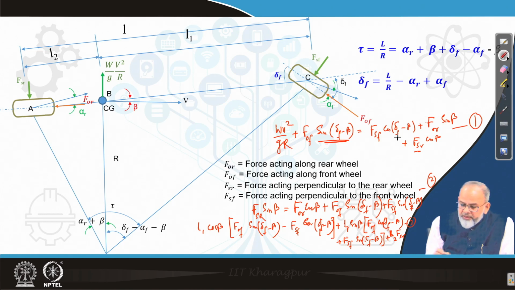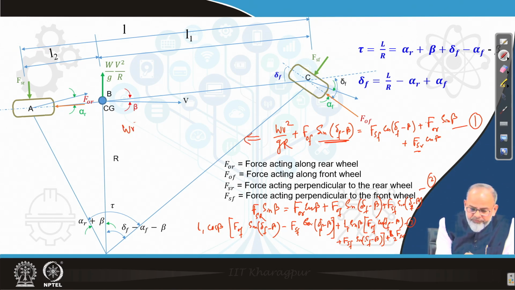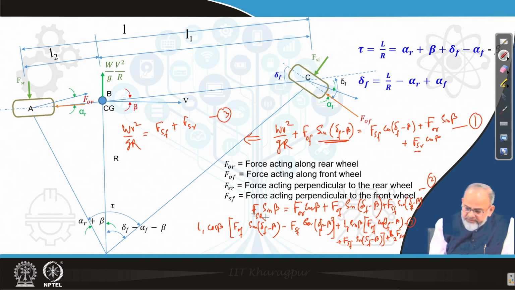So, now equation 1 can be written as W v square by g r equal to F_sf plus F_sr. This will be equation number 3, and in equation number 2 the sine component will be 0.